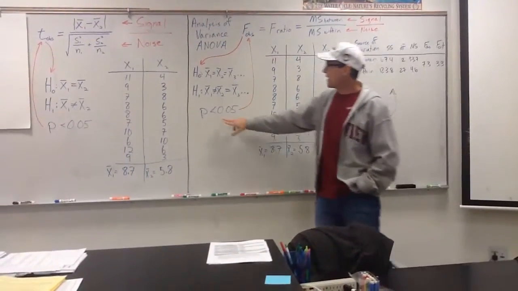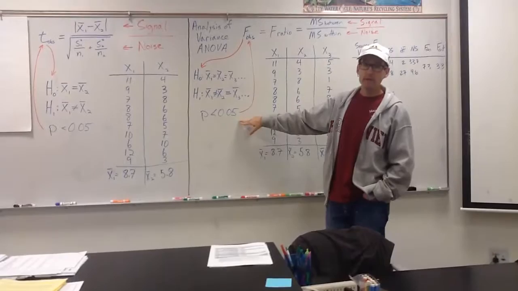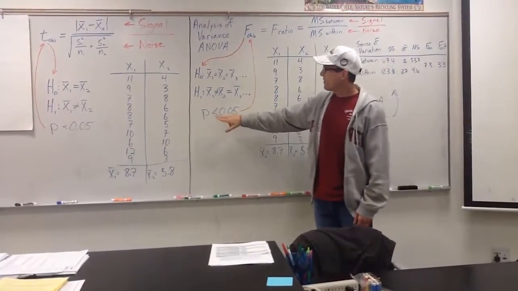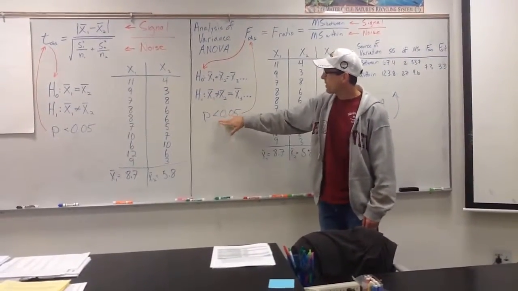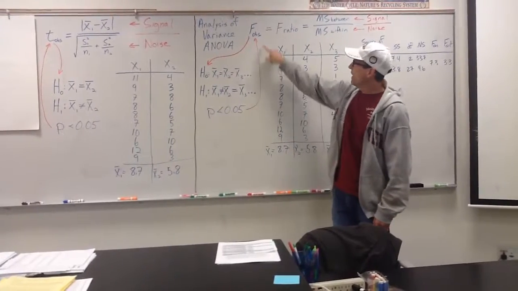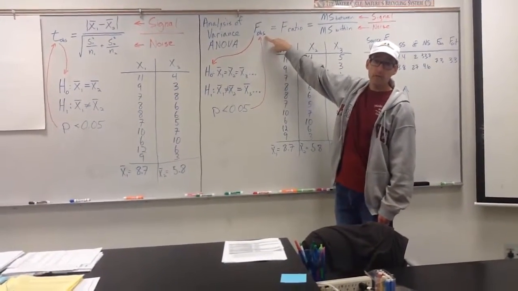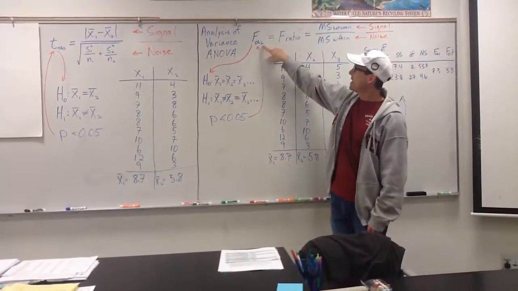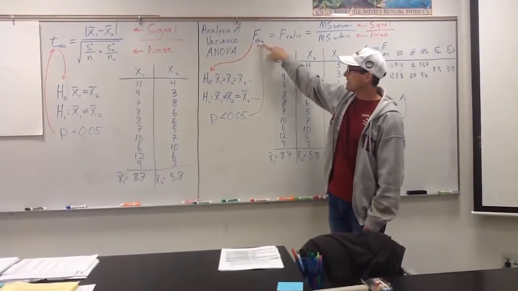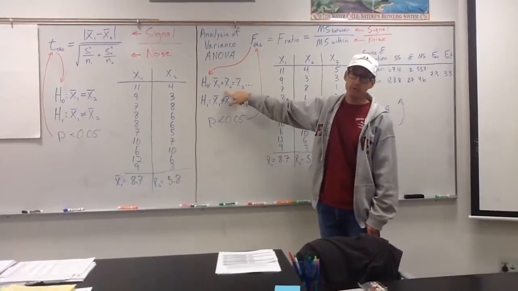Then, of course, we have the probability that's generated in the analysis of variance. Just like the t-test, this is the probability of generating a statistic, in this case called the F observed, by accident if this expression is true.